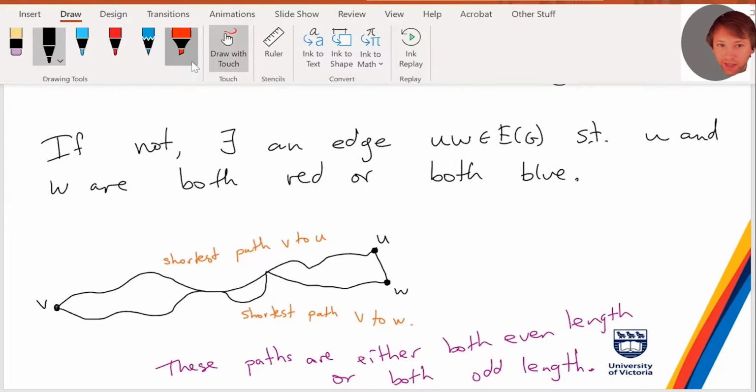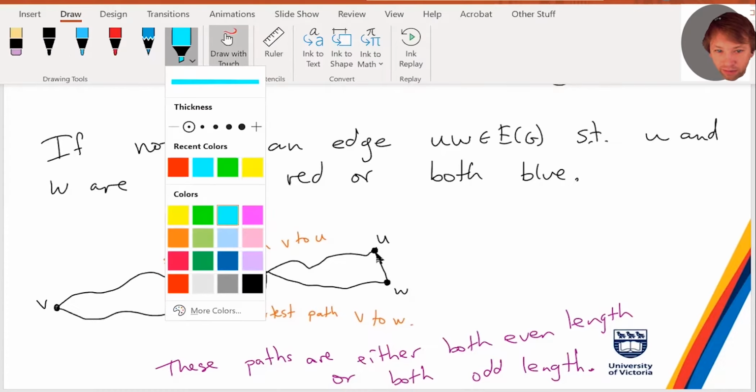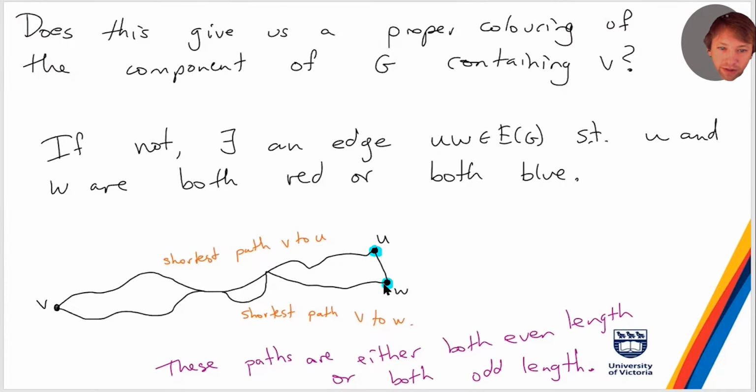Let's suppose they're both blue, because it's not going to make a difference. I can look at the shortest path from V to U and the shortest path from V to W. So where do I get the contradiction here? It's kind of written on the slide, but can anyone see why these two vertices being adjacent and both being blue is a contradiction? Can anyone see it?